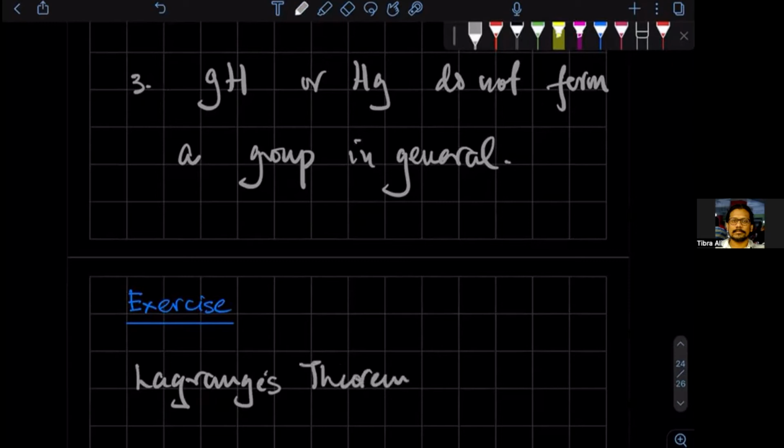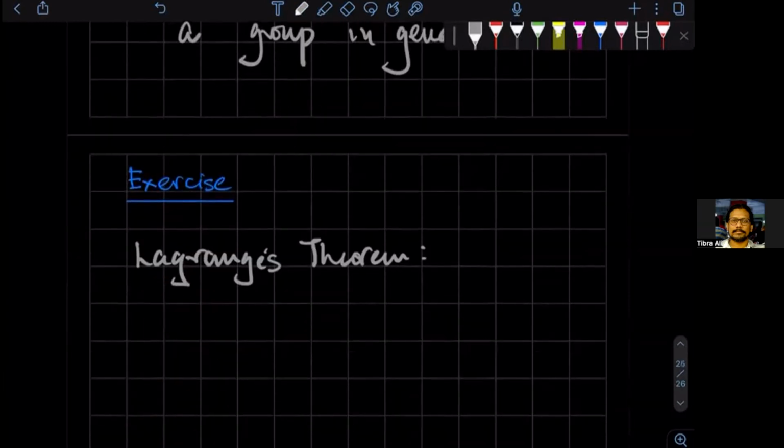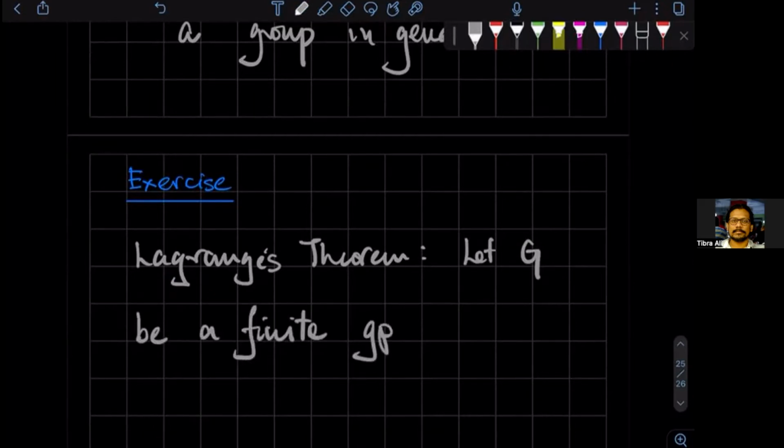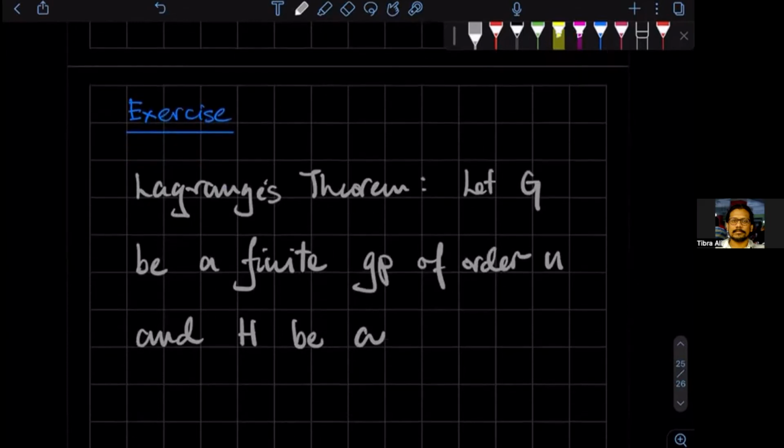And what does it say? Let G be a finite group of order, say, n, and H be a subgroup of order m.